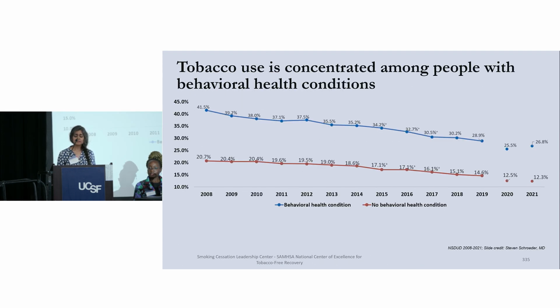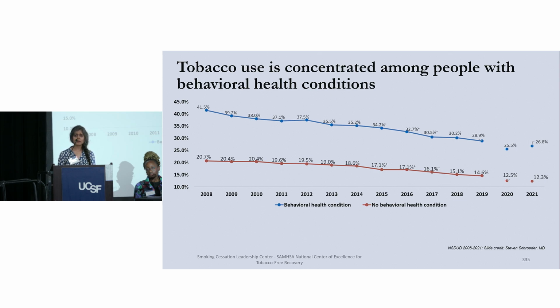Tobacco really is a health equity issue. Tobacco use is concentrated among people with behavioral health conditions. You can see in this slide that people with behavioral health conditions have 2 times the rate of tobacco use compared to those without.